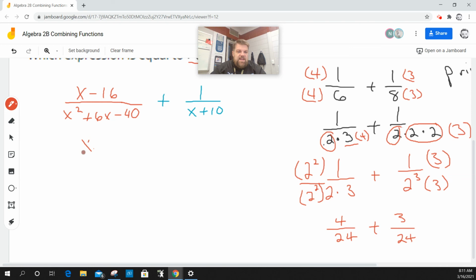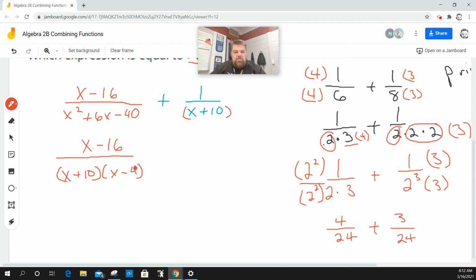So for this one, I'm going to say x minus 16, nothing I can do there. But this 40 is probably going to have the x minus 10 in it. So I'm going to think, what does that look like? If I say x plus 10 times, in other words, I'm going to factor this denominator, probably x minus 4.